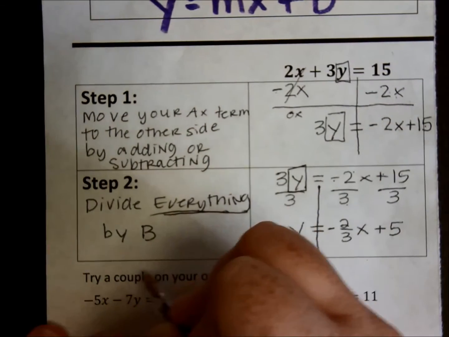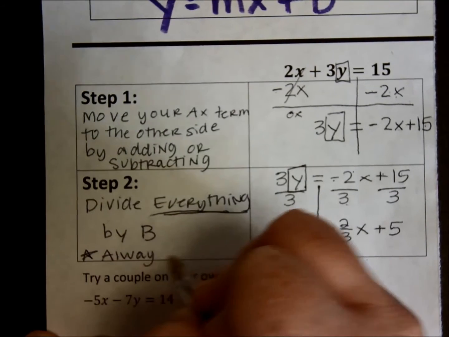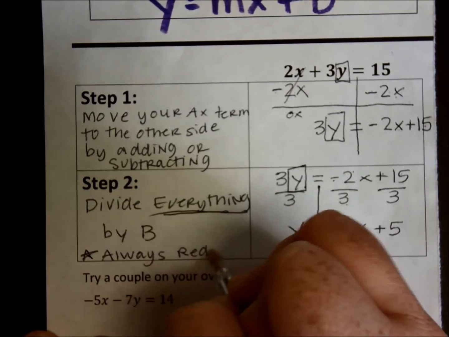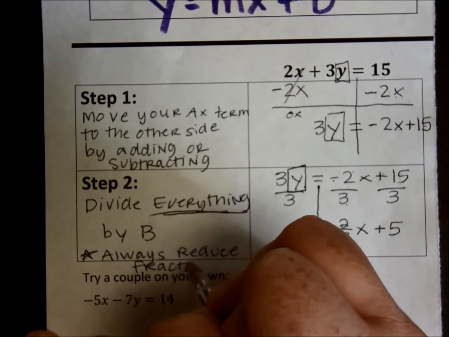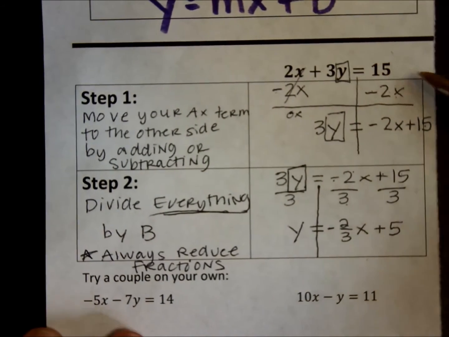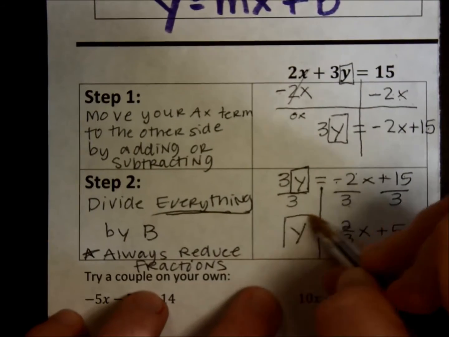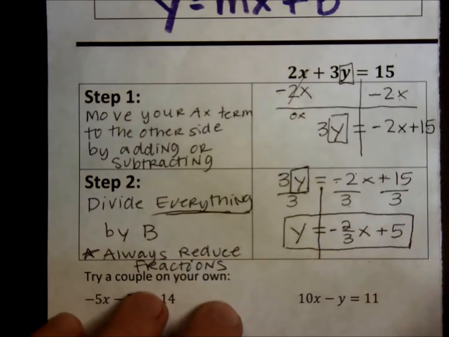We need to make sure that we remember to always reduce our fractions. So we've taken 2x plus 3y equals 15 and turned it into y equals negative 2/3 x plus 5.